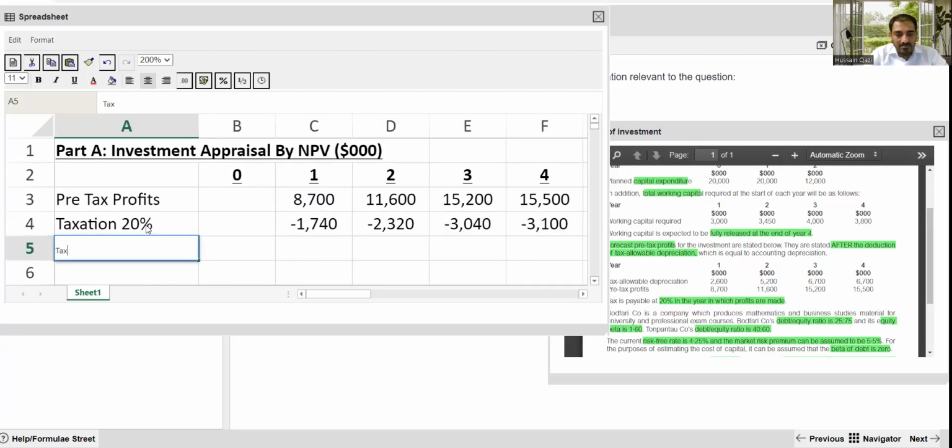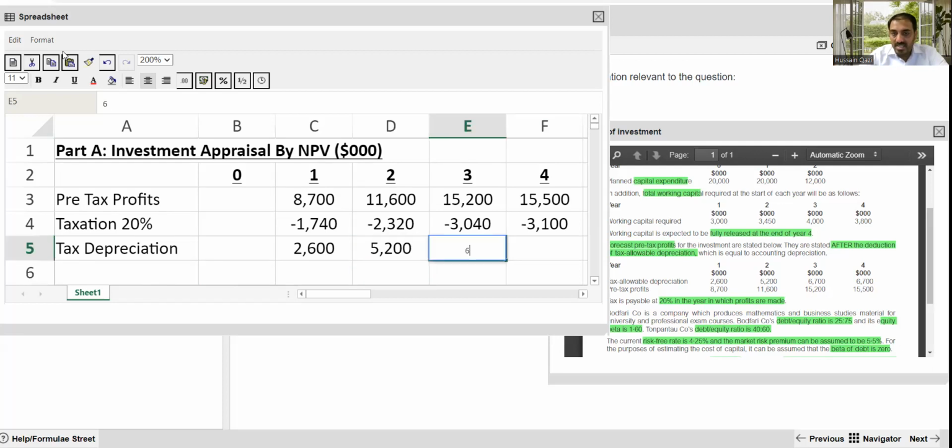Then tax depreciation, you have to reverse. So here the tax depreciation value is available, that's 2,600. It's very simple. Add back 2,600, 5,200, 6,700, 6,700.